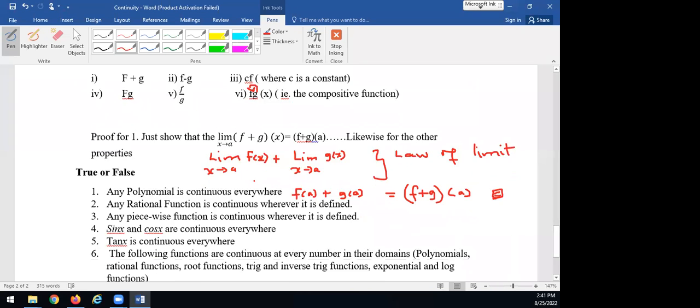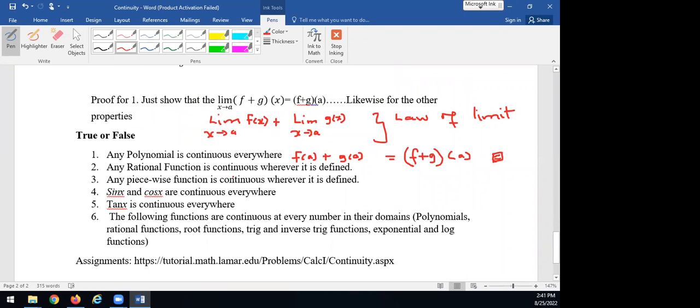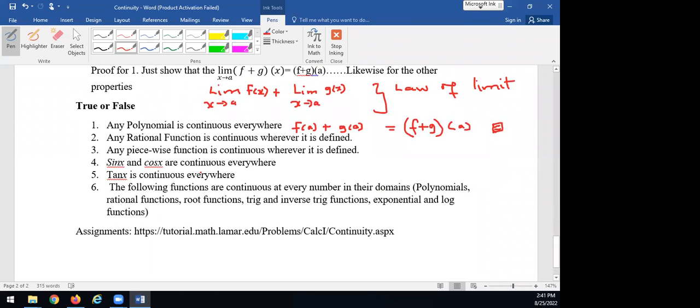All right, let's randomly look at some true and false questions as we wrap up this section. Any polynomial is continuous everywhere. You all know what a polynomial is? It's more than one like terms being added together, and the variable must not be in any denominator as well.